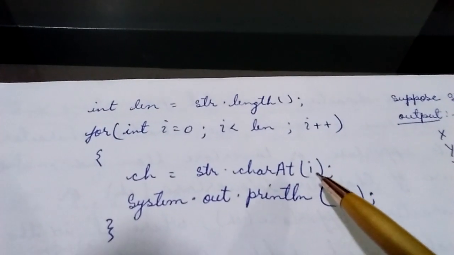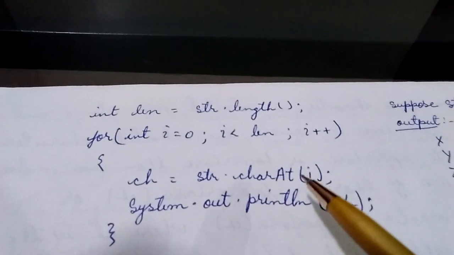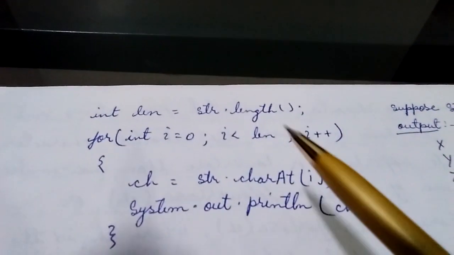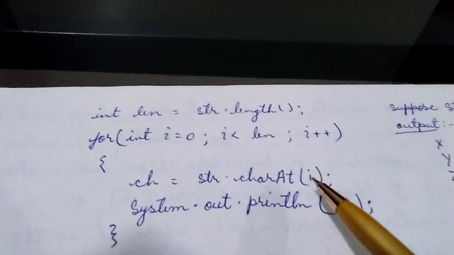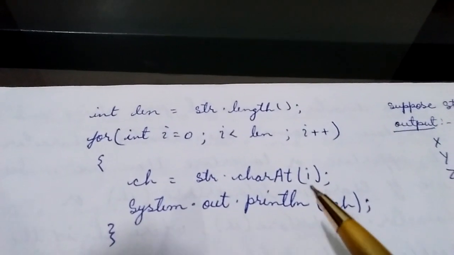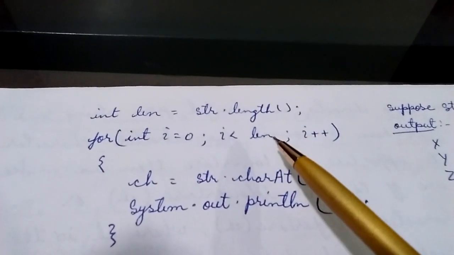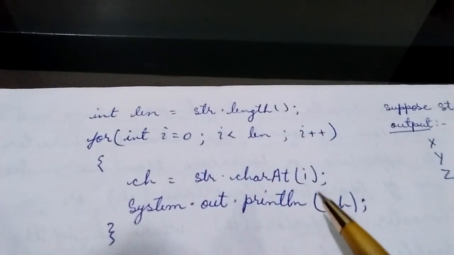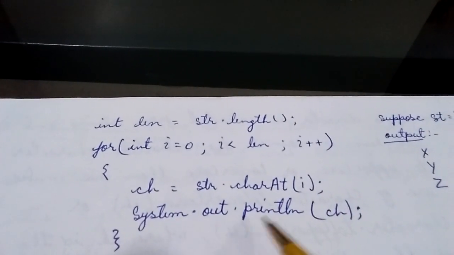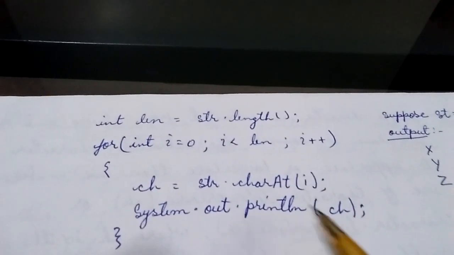So one after another, each character from the 0th location, the first character is extracted and printed. Then i will increase by 1. Now the second character will get extracted and printed. Like this till we reach the last character. It will extract the last character, store it in ch, and it will get printed.